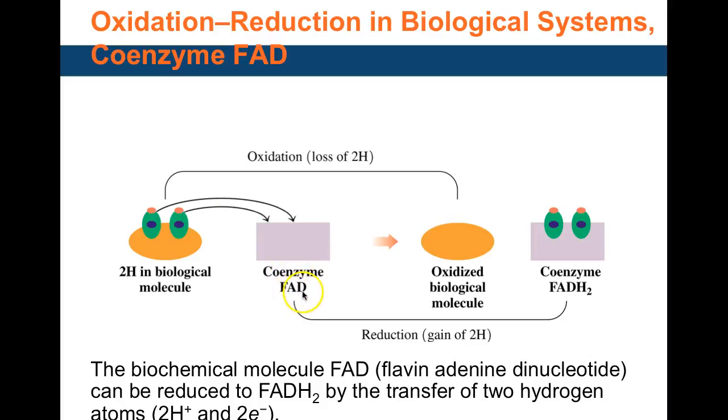So this coenzyme is FAD. It takes up those two hydrogens. That means it's gaining hydrogens. It's getting reduced, okay? So FAD, the flavin adenine dinucleotide, is reduced to FADH2, and the biomolecule is oxidized.